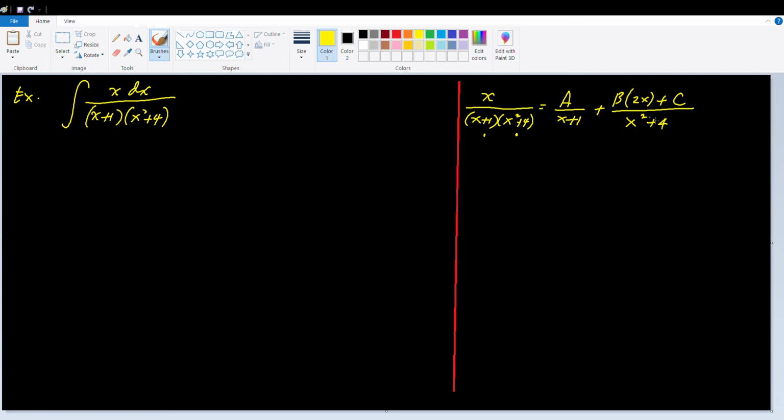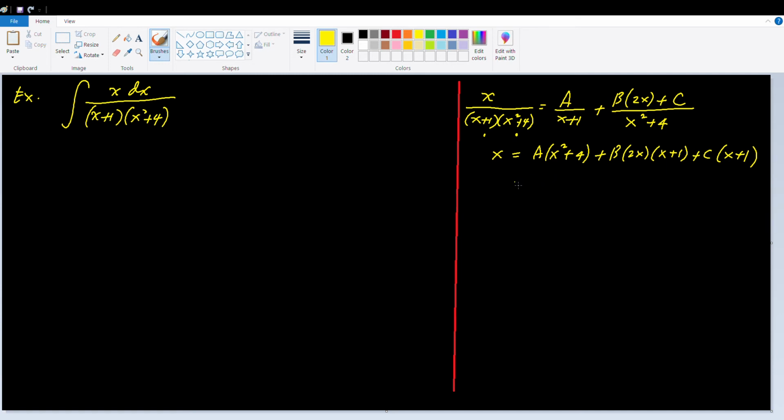So combining these two fractions and then canceling out the denominators, we'll be getting x equal to A times x squared plus 4, plus B times 2x times x plus 1, plus C times x plus 1.